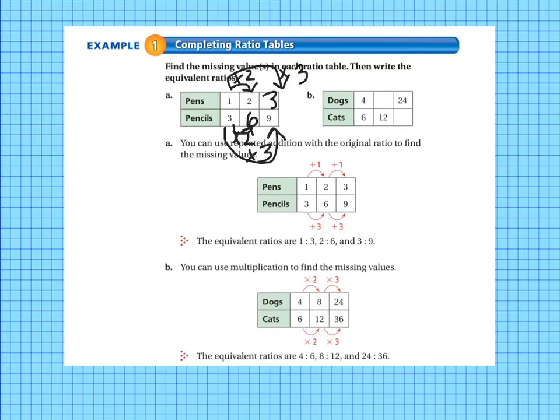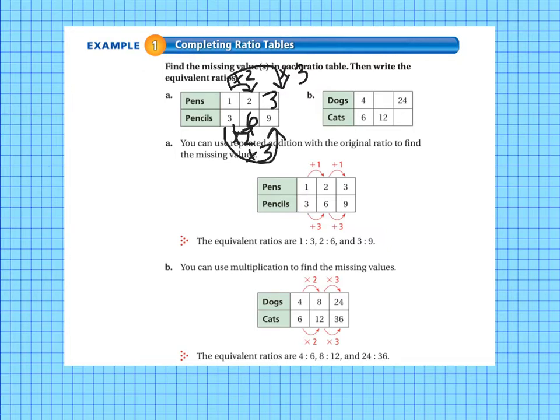So since we used the denominator from the first equivalent fraction, we have to use the numerator from the first equivalent fraction as well. That way you just always remember that you have to use multiplication or division, and if you stay away from addition and subtraction, you won't go wrong.